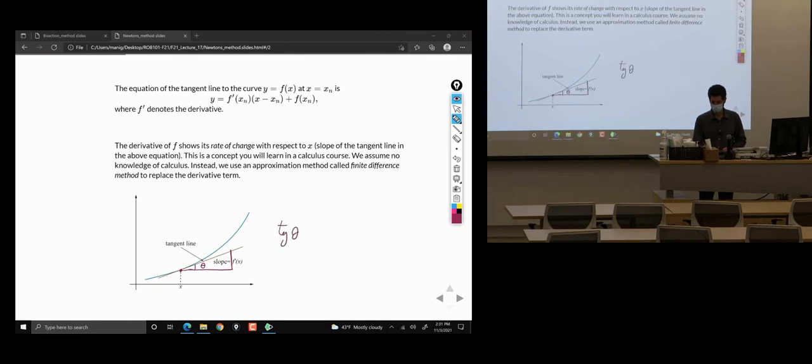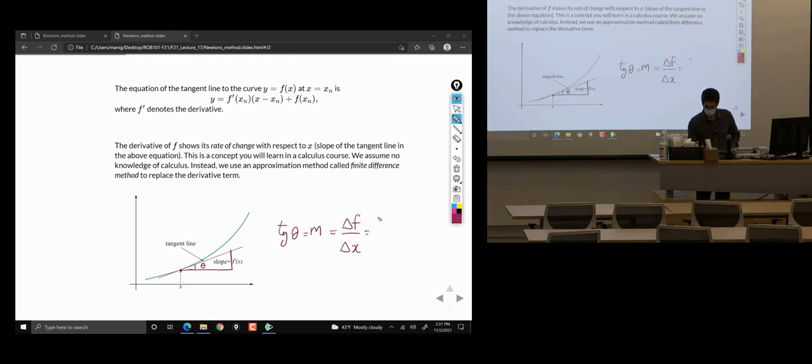The tangent of this angle is basically our slope, which is delta of the function over delta of x. So the rate this function is rising over the rate you're running over the x-axis, this is the slope.